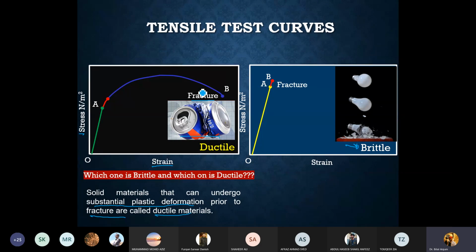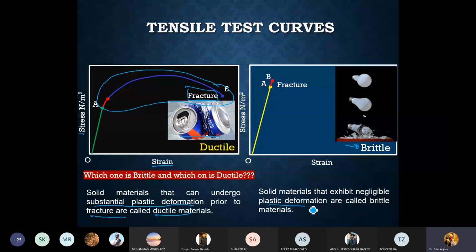This is the significant amount of plastic deformation that you are visually seeing before the material essentially fractures. In the case of brittle materials, negligible plastic deformation takes place before the fracture. So brittle materials won't give you any indication before the fracture takes place. It would be a catastrophic failure.